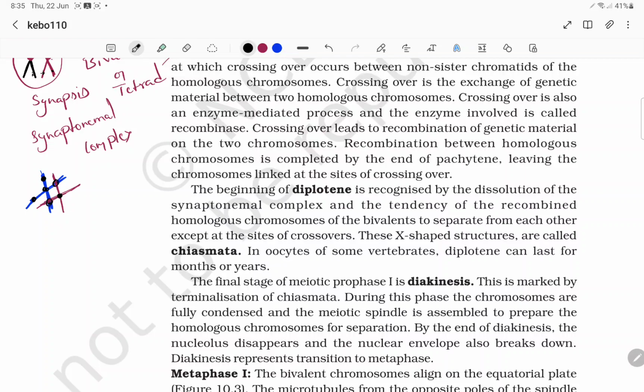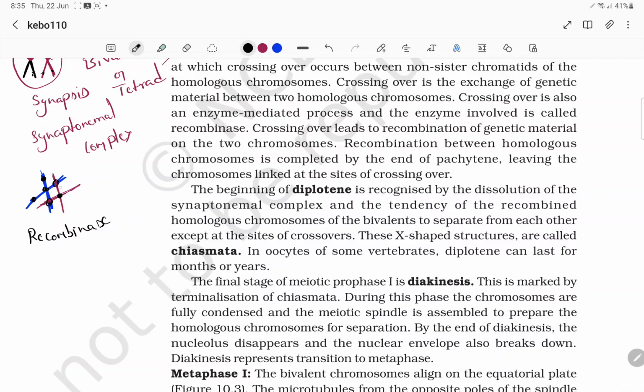So crossing over leads to exchange of genetic material between the 2 homologous chromosomes. The crossing over is actually enzyme mediated. The enzyme involved in this process we call recombinase.